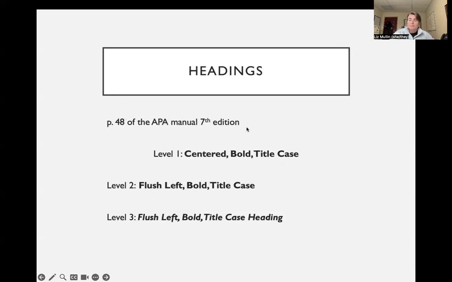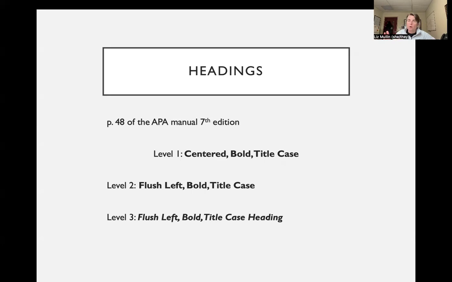When you write your paper, you're going to have a few headings. Really, you're only going to use 2. Generally, there's 3 types of levels of headings. There's actually 5, but 3 that you might come across. This is on page 48 of your APA manual. All level 1 headings, these are like higher order big sections, are going to be centered, bold, and title case.